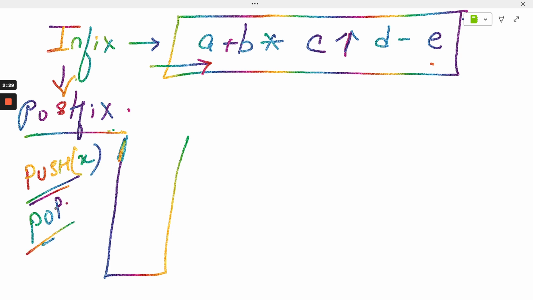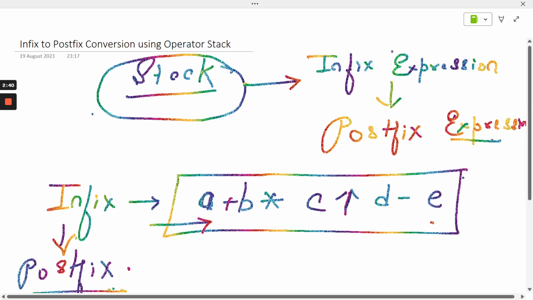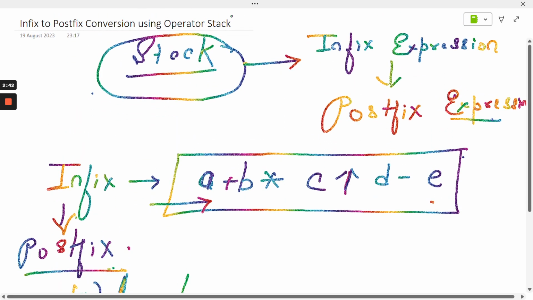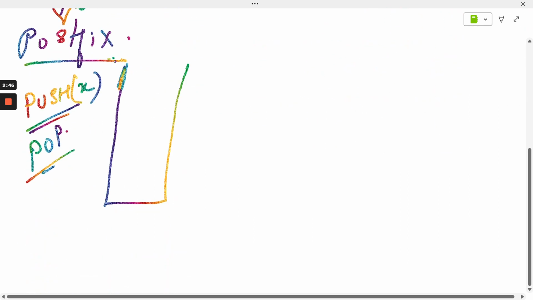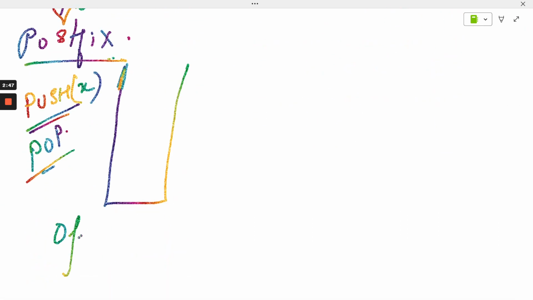So first we will start with the string. Since it is an operator stack, the elements in the stack would be the operators only, so we won't be pushing the operands into it.